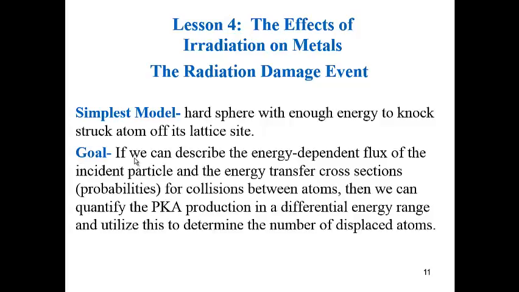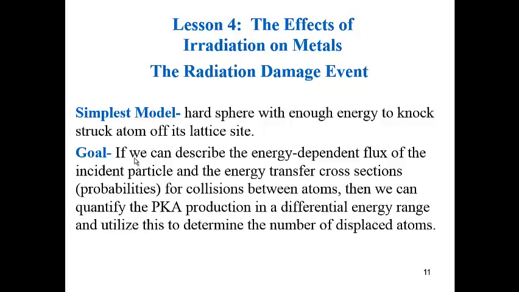So what we need to have as a goal is to be able to describe the energy-dependent flux of the incident particle, a neutron in our case, and the energy transfer cross sections, or the probabilities for collisions between atoms. And if we can get this probability, the energy transfer cross section, we can quantify the production of these PKAs, the primary knock-on atoms, and then the secondary ones, in a differential energy range, and then utilize that to determine the number of displaced atoms.